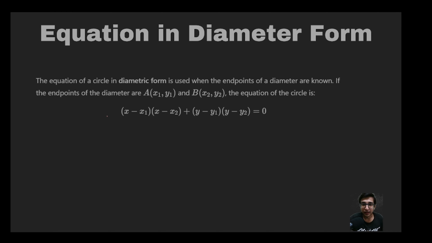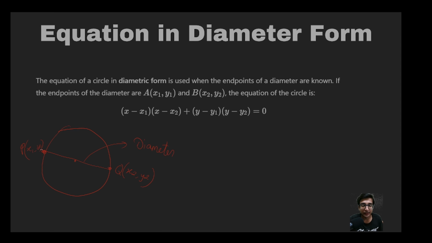Now there's another way of how you can write down the equation of a circle. Let's say a circle has been provided, the center has not been given to you, neither the radius. However, the diameter has been provided to you, and the diameter is at 2 points, let's say P, x1 comma y1, and this is Q point, which is x2 comma y2, and they say that this is our diameter. Of course, we can see that this is our diameter because it passes through the center of the circle.